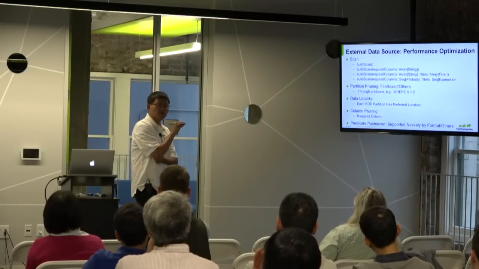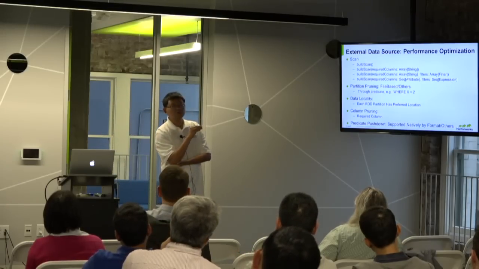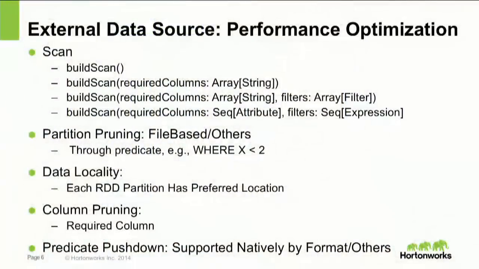Also, we use this one for partition pruning. If you are familiar with Hive, the files are saved in HDFS and have some directory structure. For example, the directory may be named k=1. Then when you do the query, if you say k=2, then the k=1 directory will be skipped.